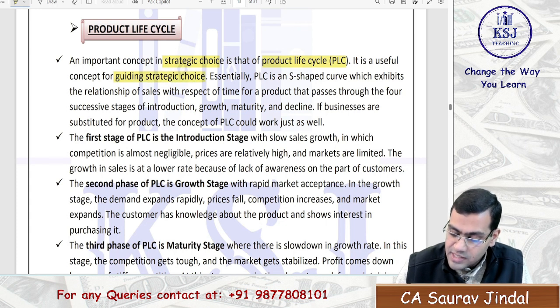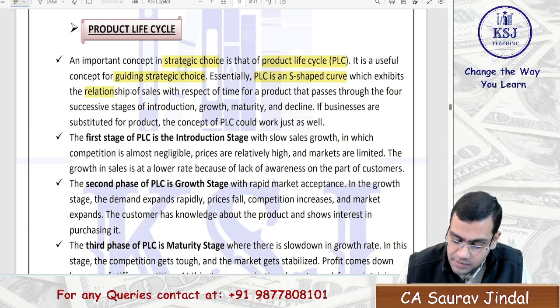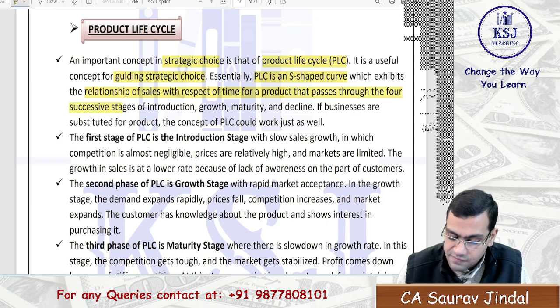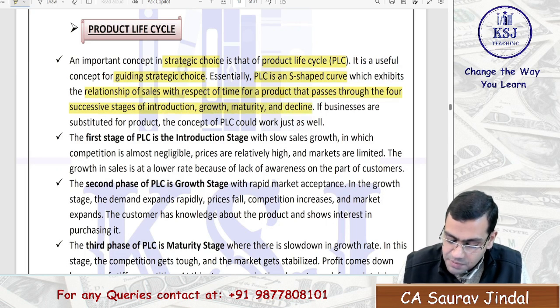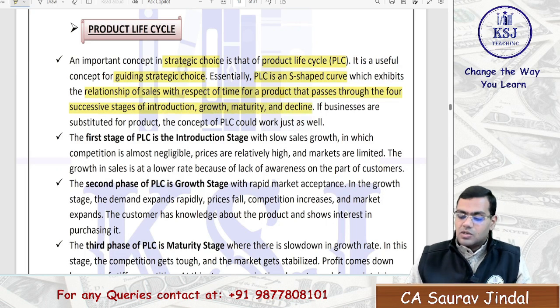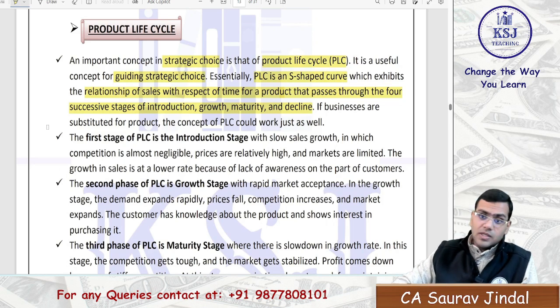Essentially, the PLC is an S-shaped curve which exhibits the relationship of sales with respect to time for a product that passes through 4 successive stages: introduction, growth, maturity, and decline. If the business is substituted for the product, the concept of PLC could work just as well. It works for the business also.